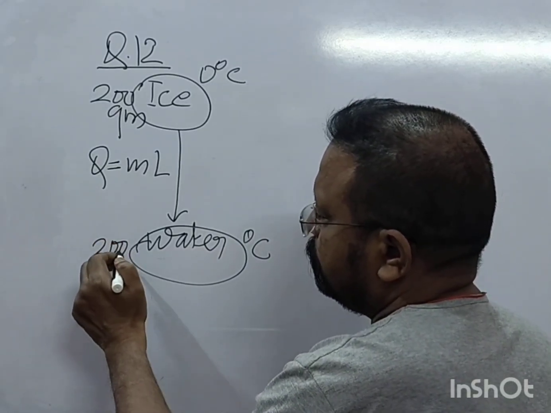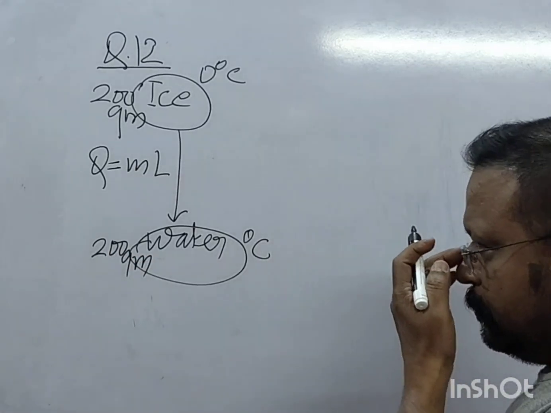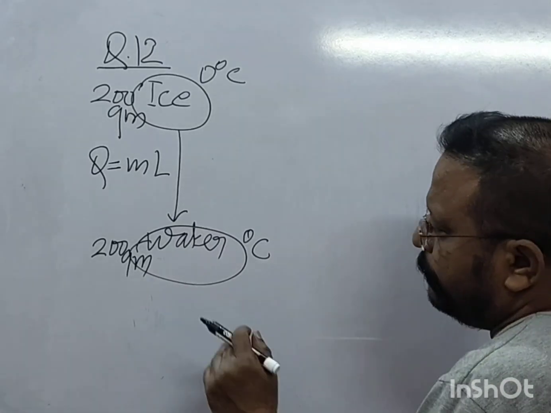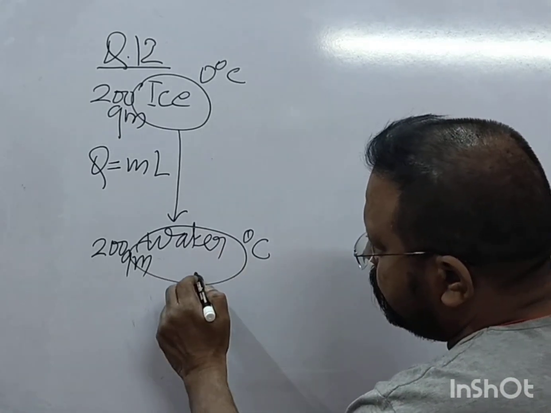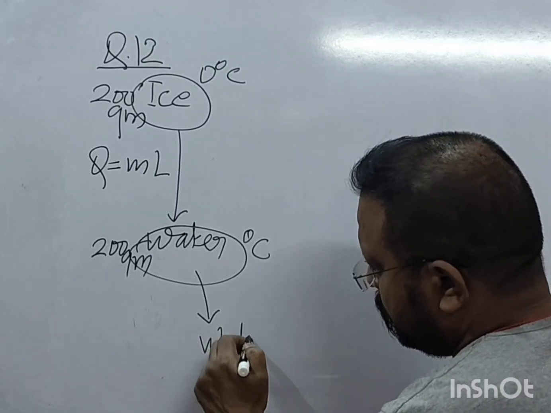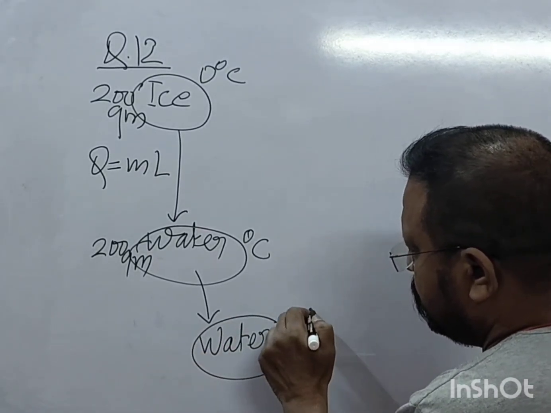Take specific latent heat of ice 336 joule. Okay, no issue. This water at 0 degree Celsius is coming to water at 20 degree Celsius, right?